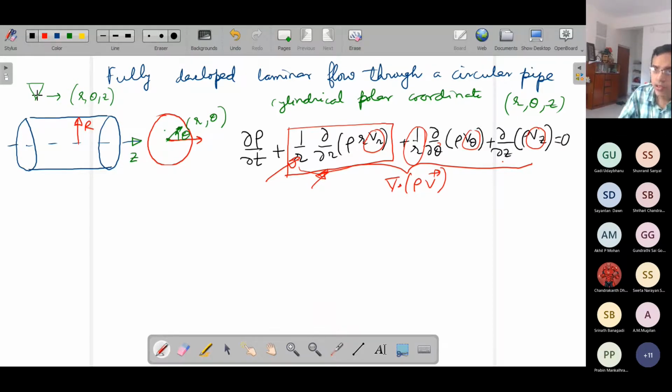Now we will quickly move through it. First of all, we are considering steady flow. Steady flow means this will be 0. We'll also assume that rho is equal to constant, a function of nothing else.